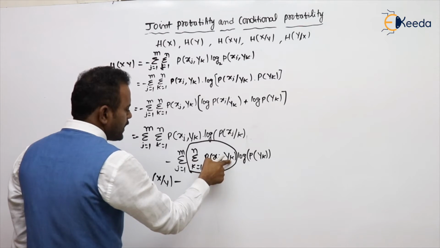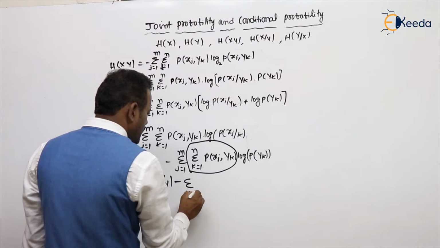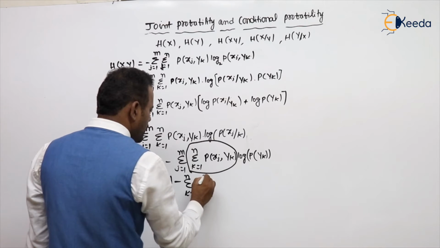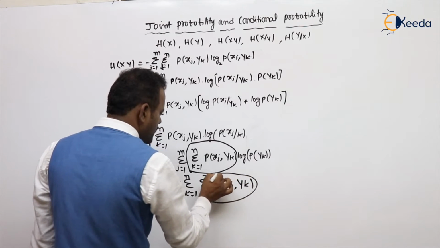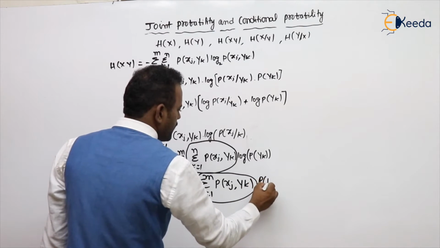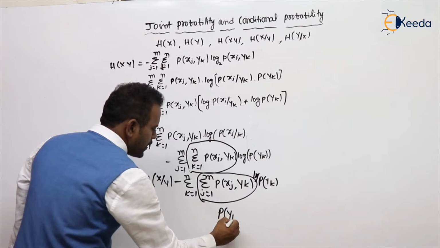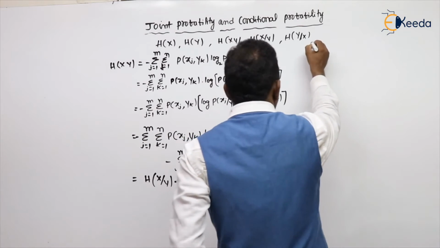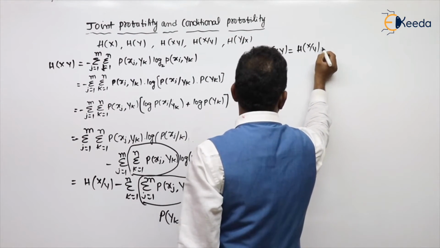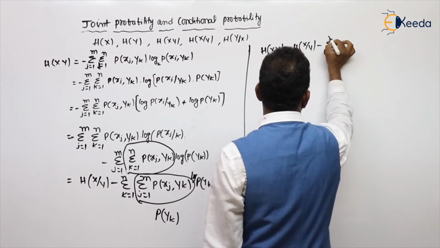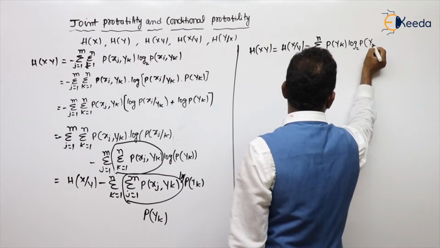Keeping xj, we take the summation over j, and the remaining term is summation over k equal to 1 to n of p of yk into log base 2 p of yk, since the summation of p of xj comma yk over j gives the probability of yk.